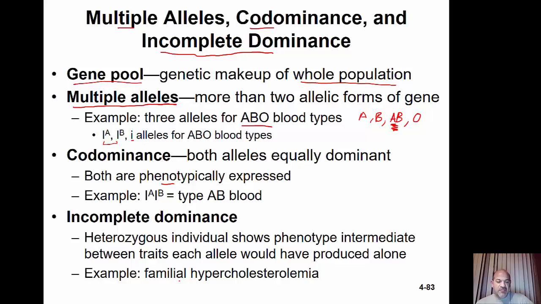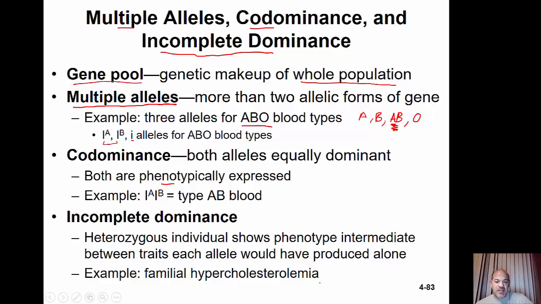Here you have individuals who usually have normal cholesterol levels in their blood, and then you have individuals who inherit a faulty gene, a disorder that creates too much cholesterol in your blood, or hypercholesterolemia.